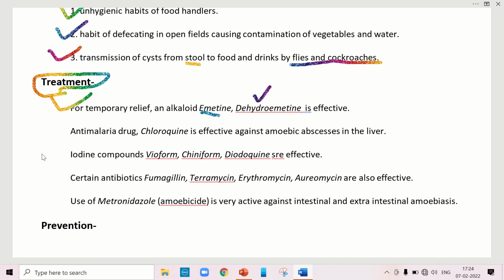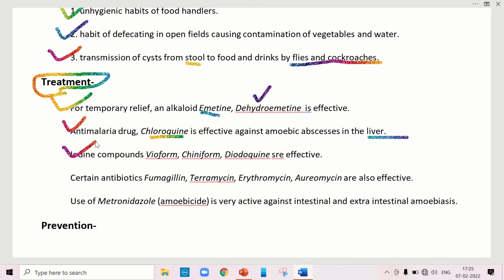Then the antimalarial drug chloroquine is effective against Amoebic abscess, particularly in the liver. Again, we can also use iodine compounds.